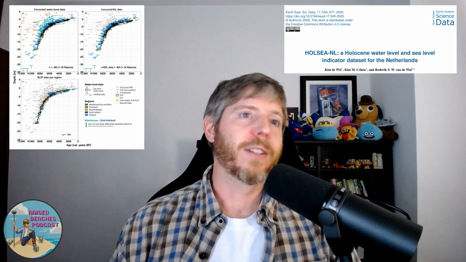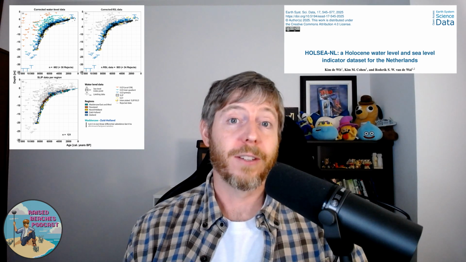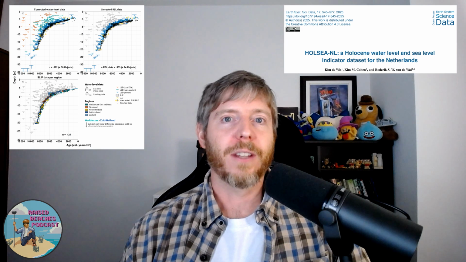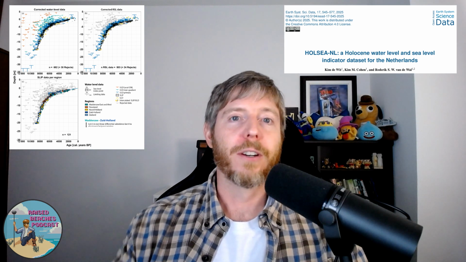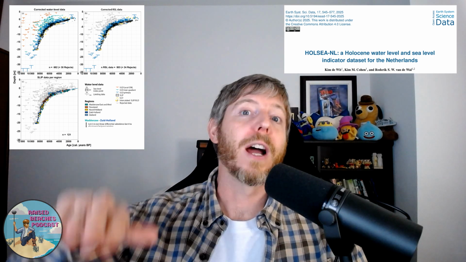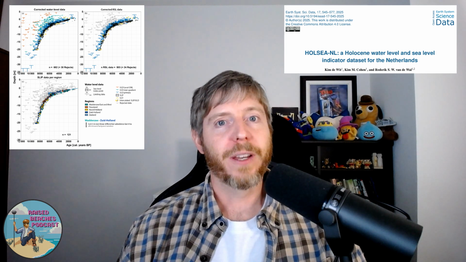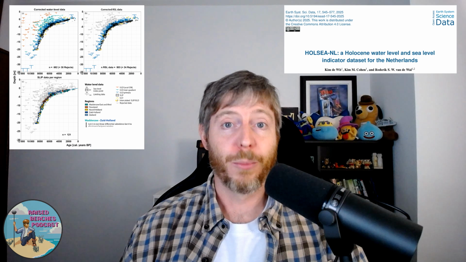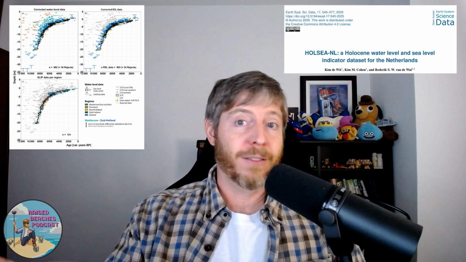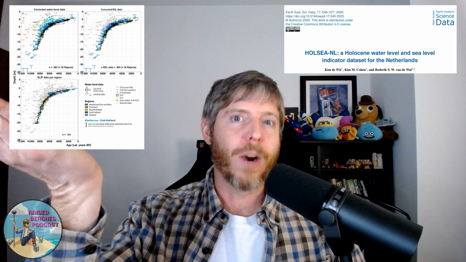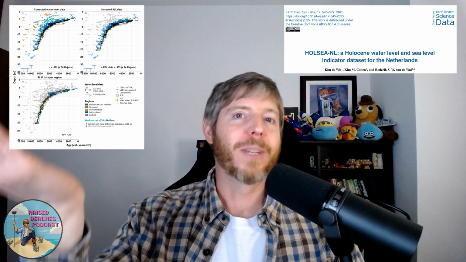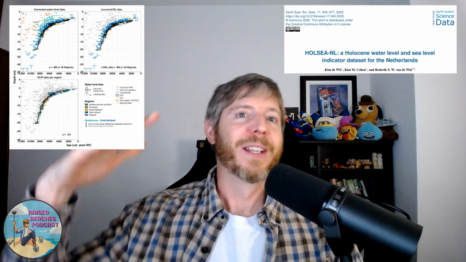And what's interesting about the Netherlands is that over the past few thousand years, sea level has been slowly rising in the Netherlands, and this is a result of glacial isostatic adjustment processes. So in Scandinavia, the land is rising, and because of that, the land in the Netherlands is dropping.